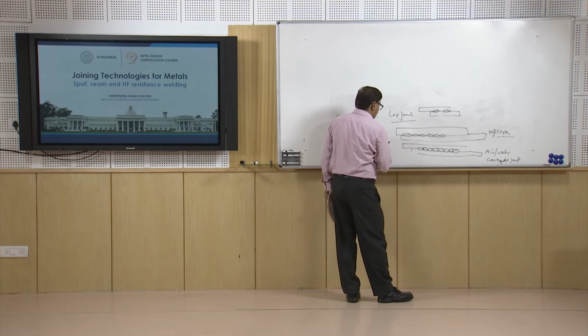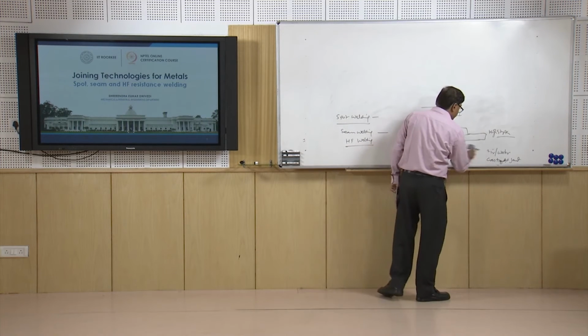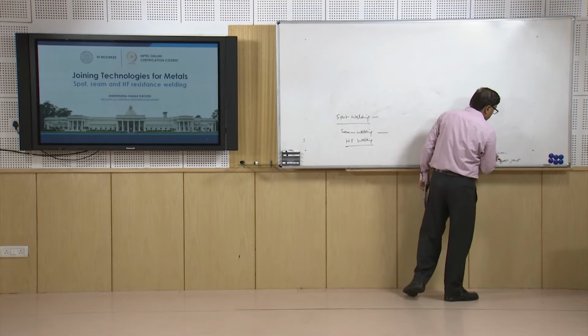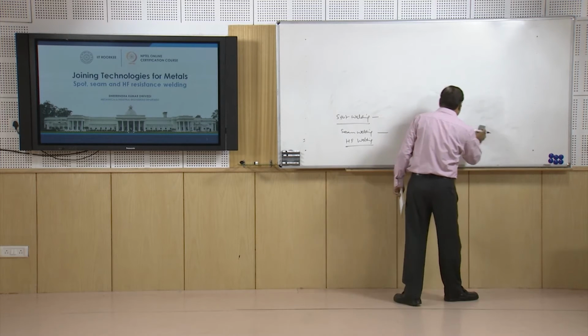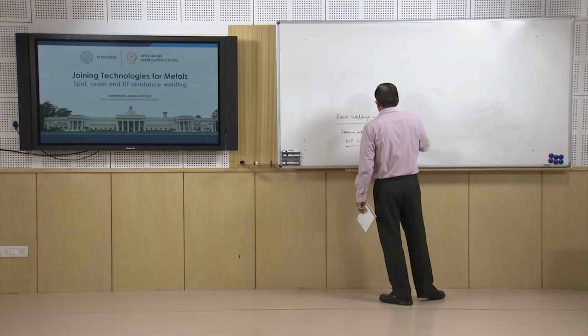The high frequency resistance welding process is another somewhat newer development, which is mainly used for the high volume production for developing the joints between the plates as well as the pipes.